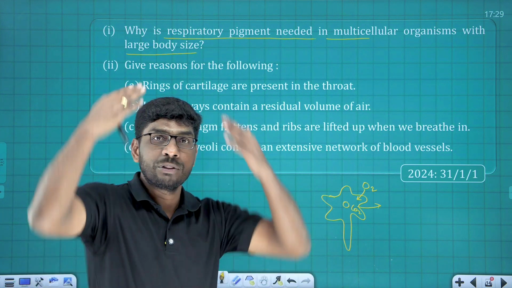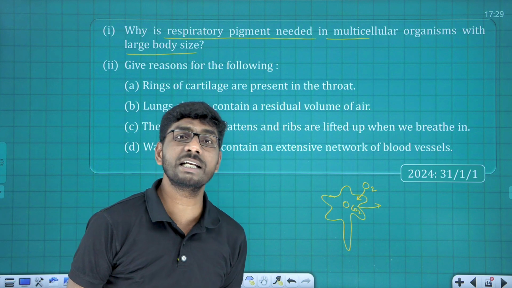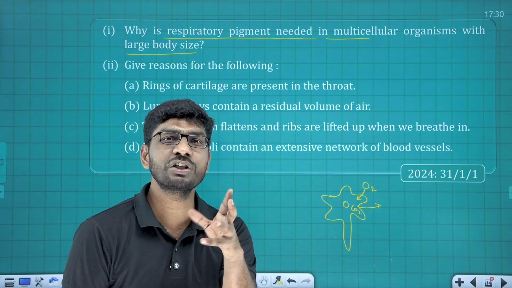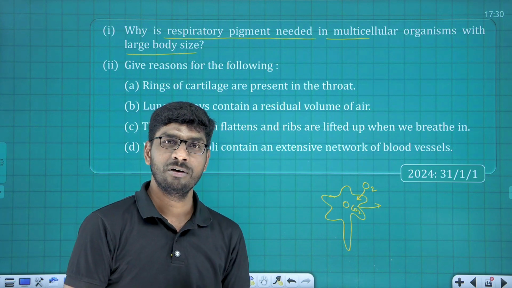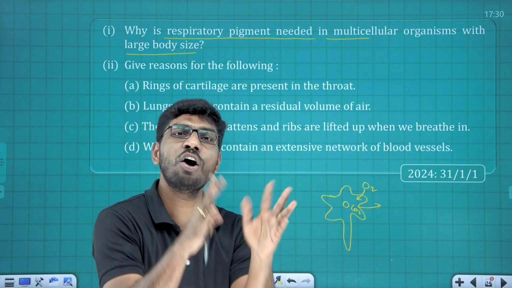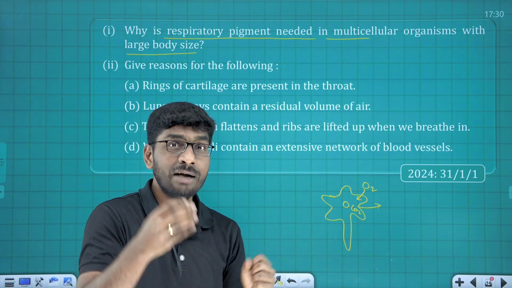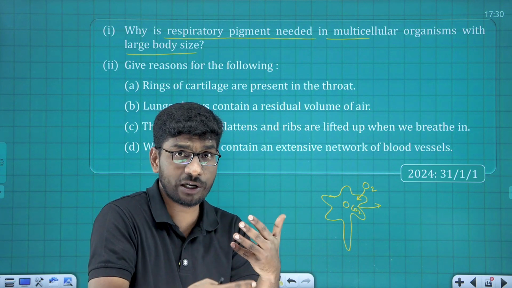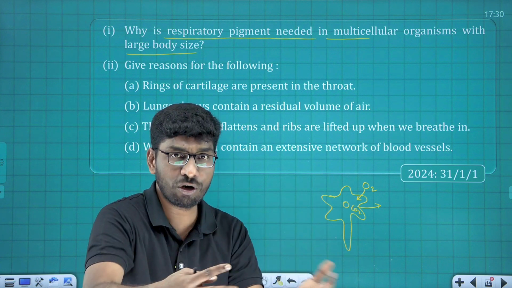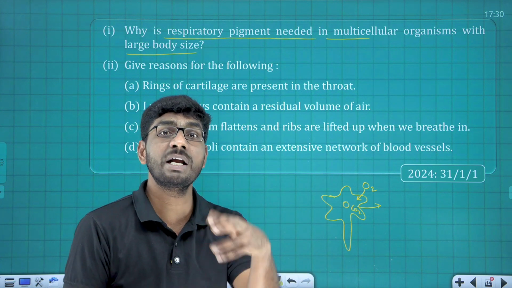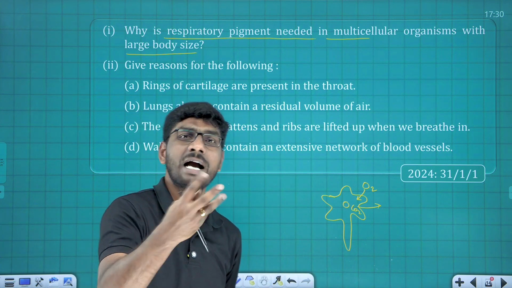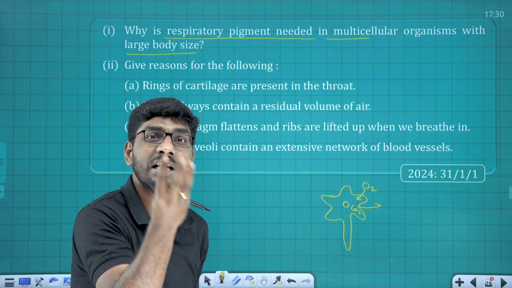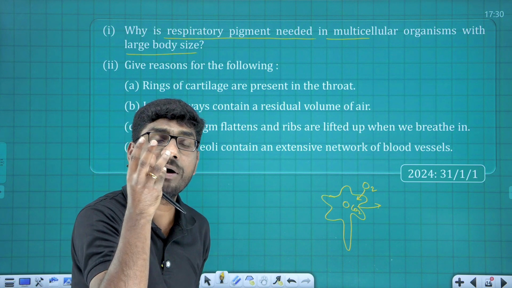No problem. But in a big body, a multicellular organism of big size, this diffusion pressure is not enough. So in human beings and other big-sized organisms, respiratory organs are designed, like lungs. Tiny, small, balloon-like structures at the end of terminal bronchioles are called alveoli.